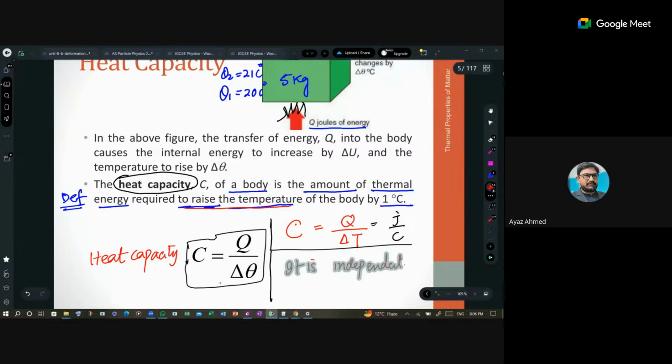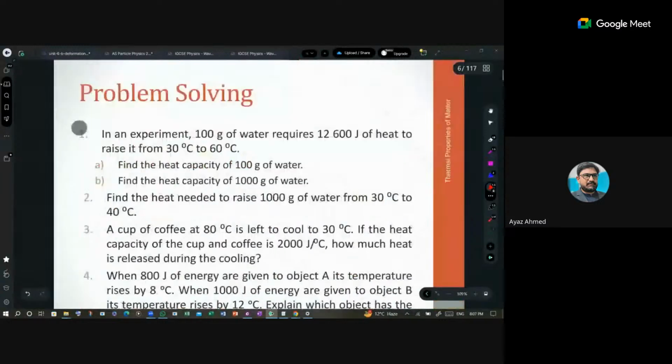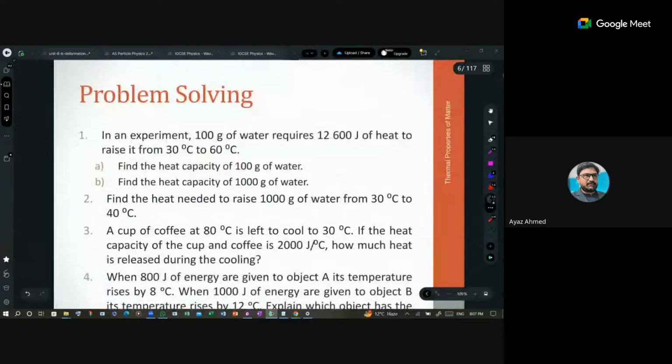Or let me make it easy for you: it is not for 1 kg, it is for any mass, for any amount of mass. For example, you have a 5 kg block or a 100 kg block, it does not matter. But when we talk about specific heat capacity, it is different.